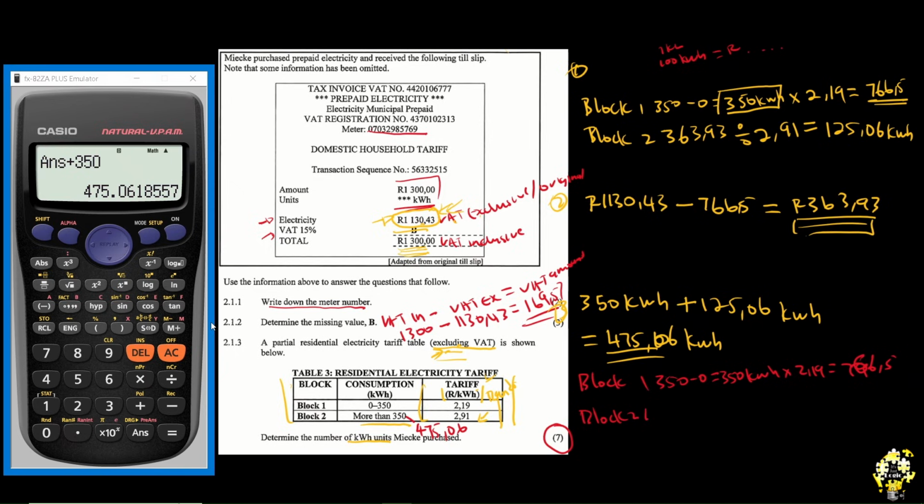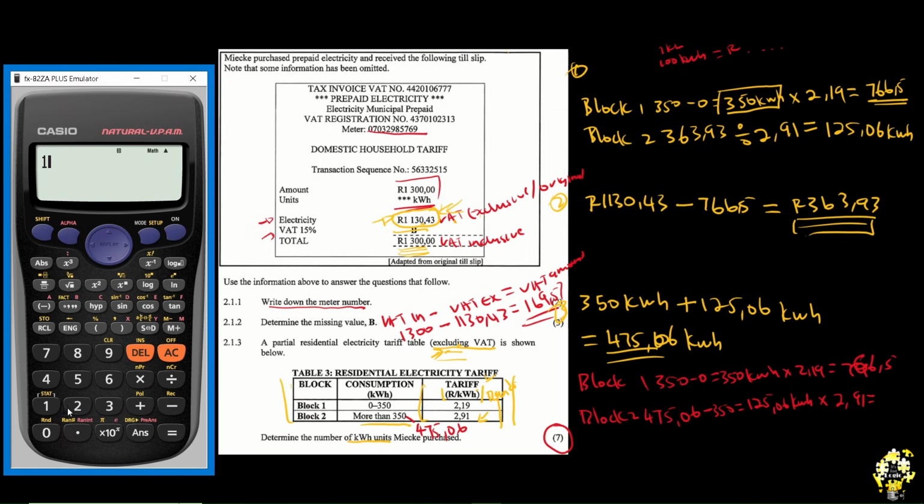So for block number 2, we're going to say 475.06, and then you subtract this by 350. You actually get 125.06. We rounded it off to 2 decimal places. We have to multiply it by the rate. The rate is 2.91. What do we get?